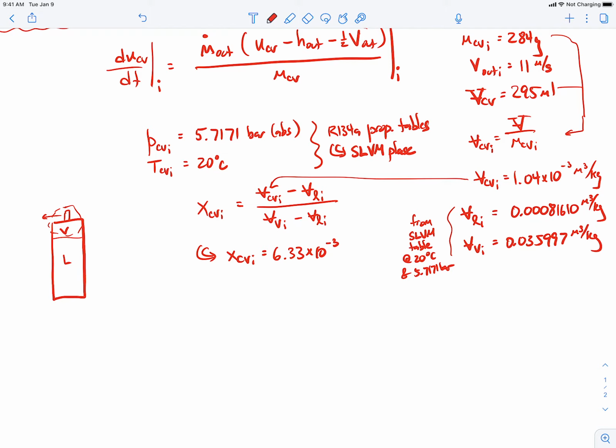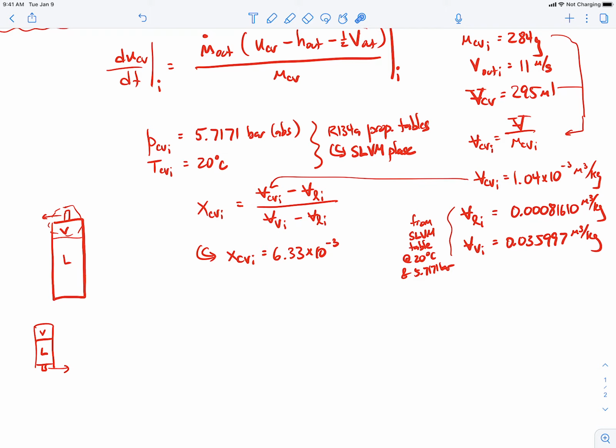In fact, when you operate these cans, they tell you on the can to keep it upright when you pull the trigger so that you're discharging vapor. If you turn it upside down, then you'll be discharging liquid. When you discharge the liquid, as soon as it leaves the nozzle, it will rapidly flash into vapor, and that'll drop the temperature to a very low temperature.